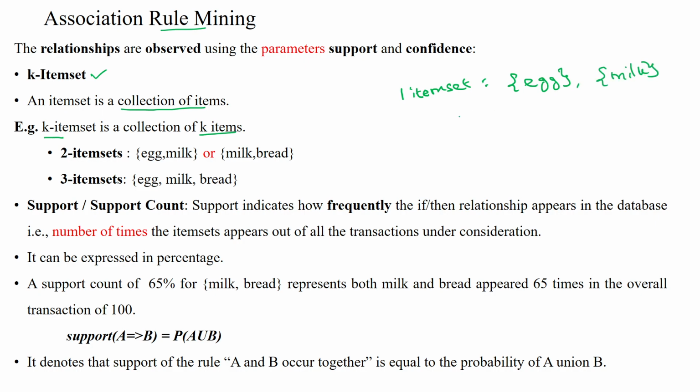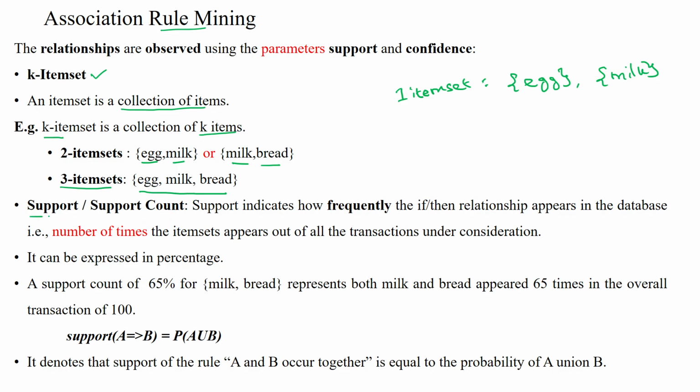So these are all called one item sets. And two item sets, in the sense, a combination of two items: egg and milk is one two item set, and milk and bread is another two item set. Three item set, here egg, milk, bread, three items are combined, that is called a three item set.